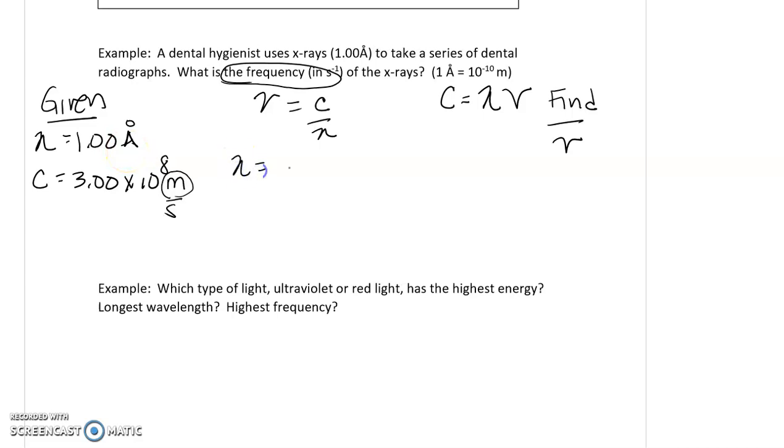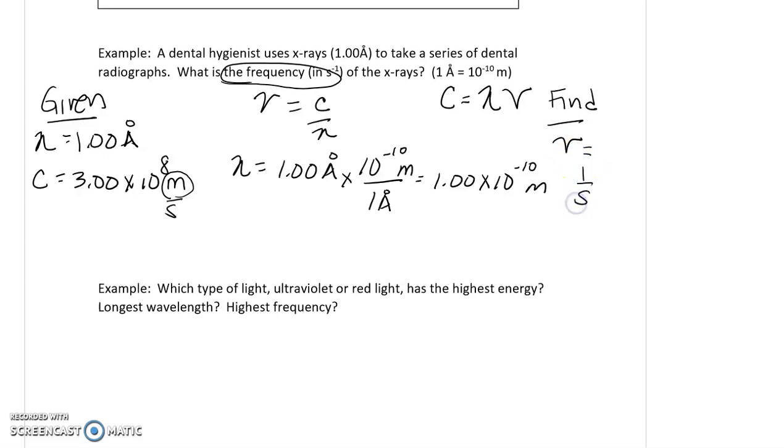So for our lambda, we know that an angstrom equals 10 to the negative 10 meters. And so we get 1 times 10 to the negative 10 meters. Okay, so now we have our units matching, both meters, and we want to find our frequency, which is going to be 1/seconds.